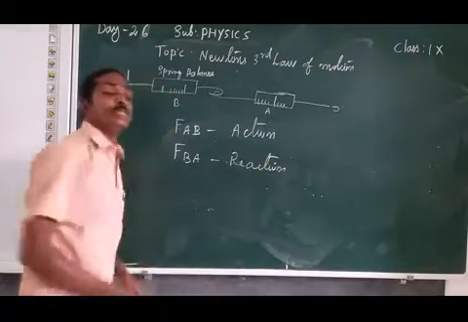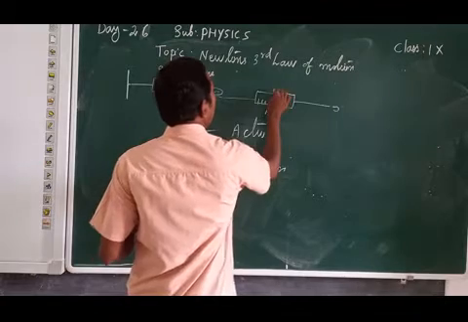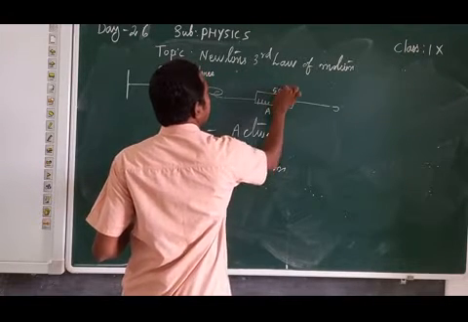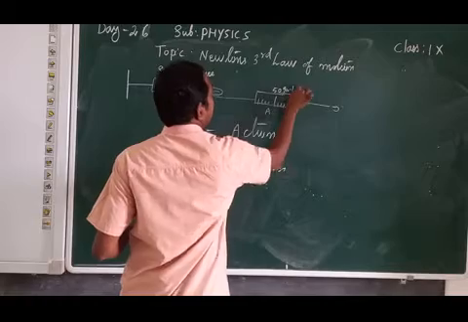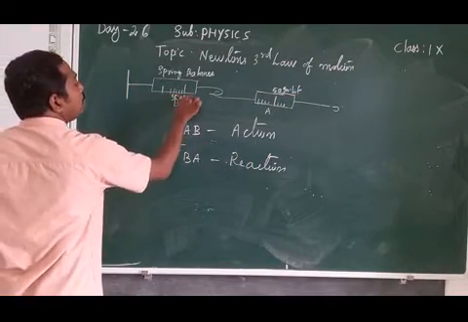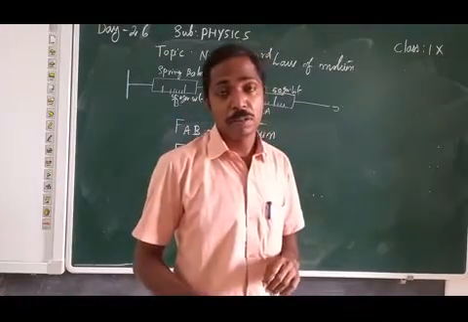How can we understand that action and reaction by seeing the reading? Suppose here the reading shows a 50 gram weight force applied. Here also it will be 50 gram weight. But the forces act in opposite directions.